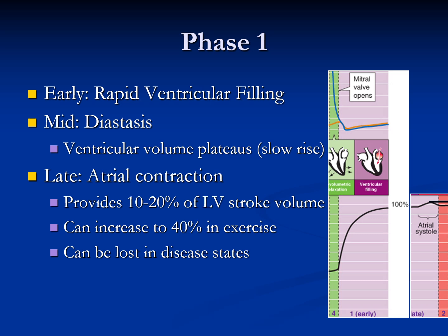You have a very early rapid filling, and then you have in the middle of this phase a period of what we call diastasis, meaning not much is happening. The ventricle has filled almost to full capacity, not to full capacity, but almost. The pressures in the left atrium and the left ventricle have equalized, as you see in the upper portion of the graph. And not much is happening until late in that phase. The left atrium contracts.